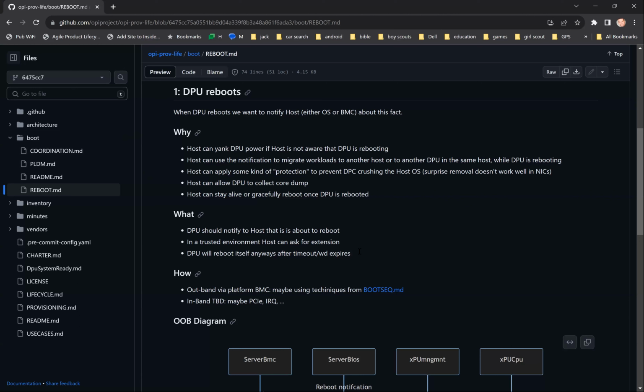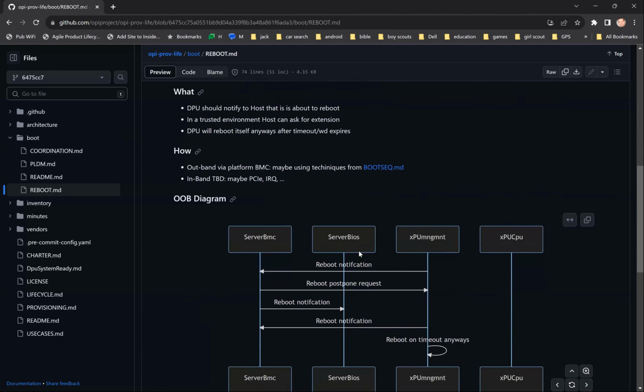Can we use and extend the previous conversation and do this over PLDM, or with FLR, functional level reset, for example? The original PLDM, we're doing this over PCI Express. So this page is describing the need, why and what, and maybe how. And in the how, for example, I propose to use the same out of band, maybe the same techniques from boot coordination.